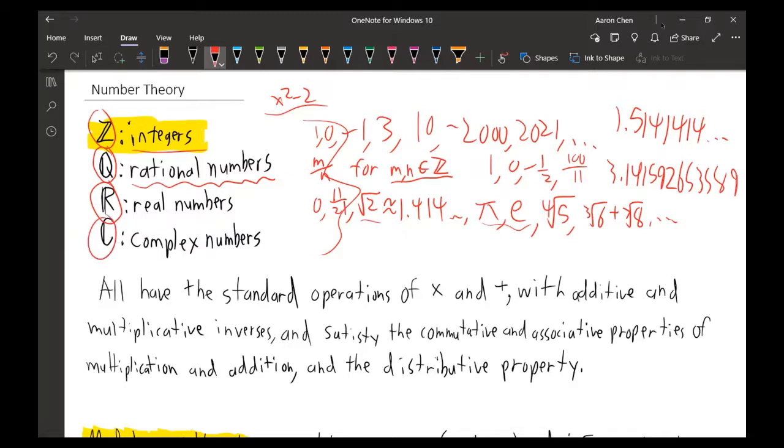The complex numbers are represented with this special C. What the complex numbers are is m plus n times i, for m and n in R, where i is the square root of -1.